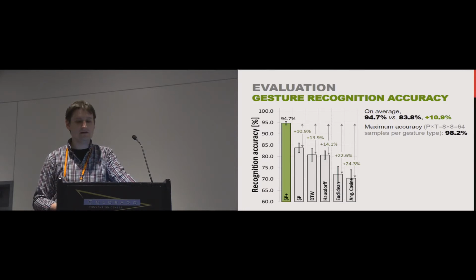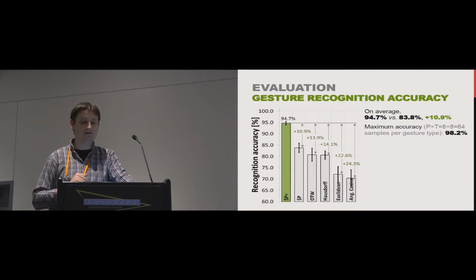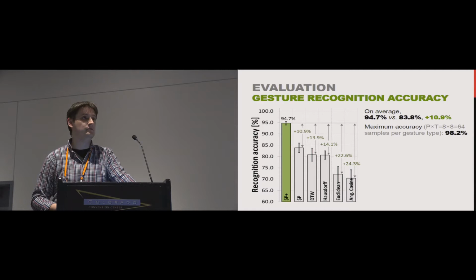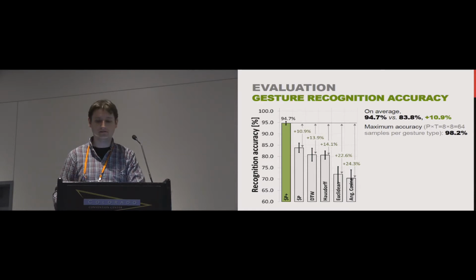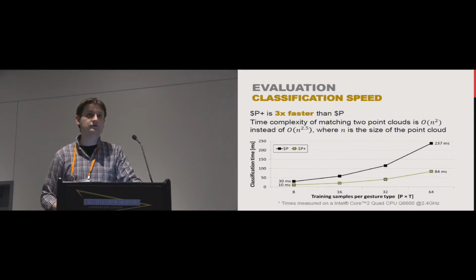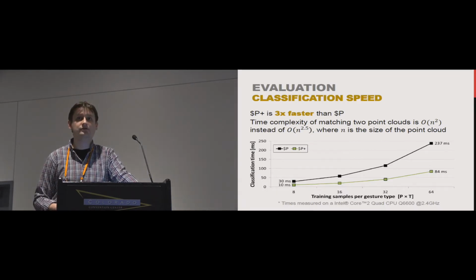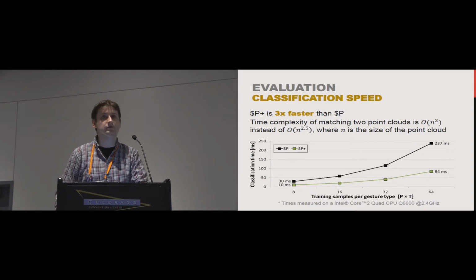And the maximum accuracy reached by the modified point cloud recognizer was 98.2%, which is just an awesome value. And the bonus is that the modified version is also faster than the original point cloud matching procedure.